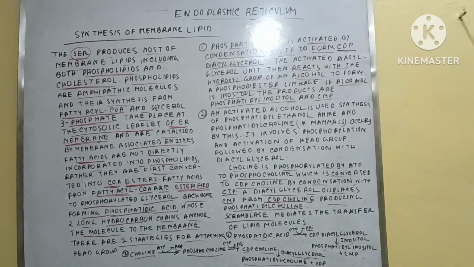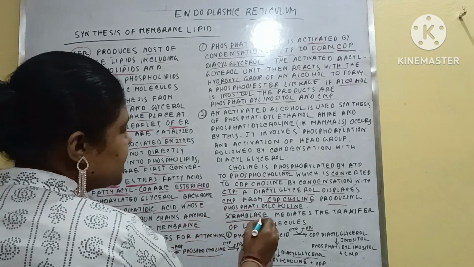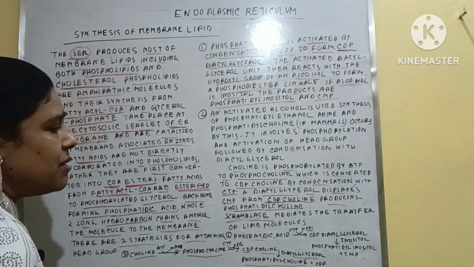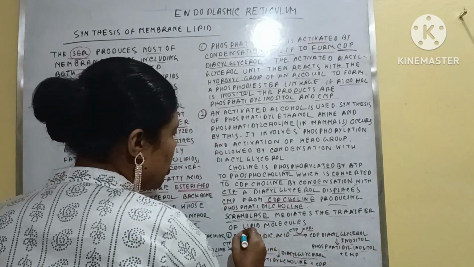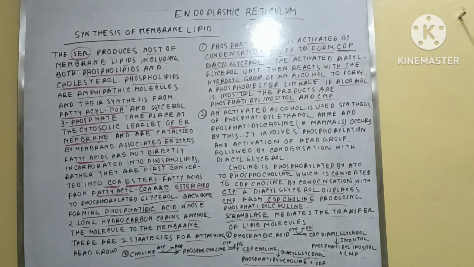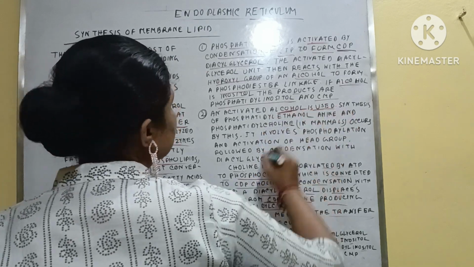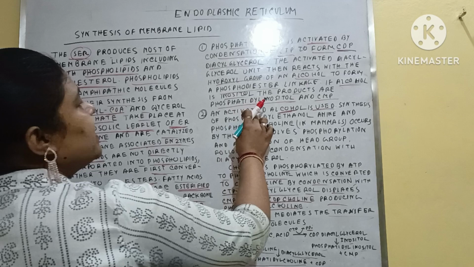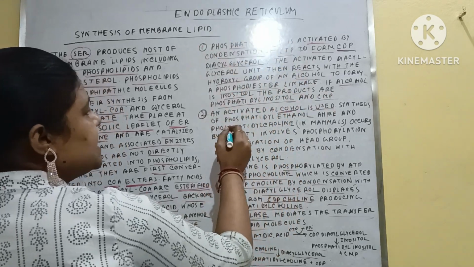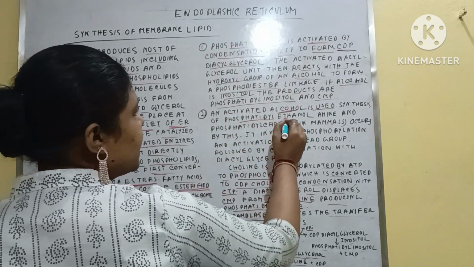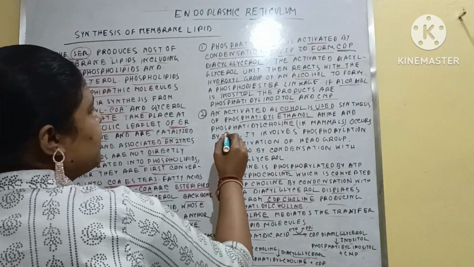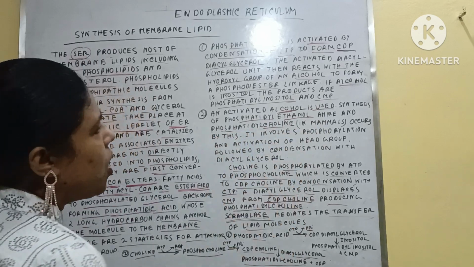In both cases, scramblase is the enzyme that mediates the transfer of the lipid molecules. These are the two strategies, and here the activated alcohol is used first, and the synthesis of phosphatidylethanolamine and phosphatidylcholine occurs.